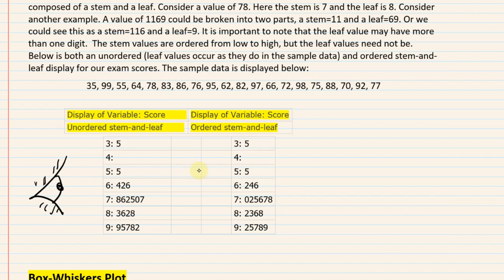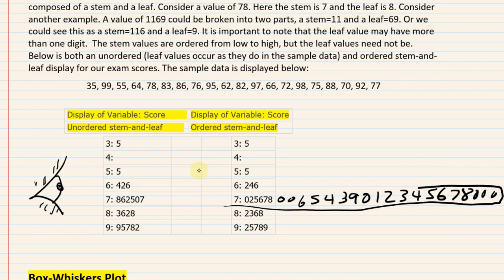Now, the other thing we have is, and again, this is in the video from last chapter, I indicated these. It is possible to break these into multiple rows per stem. So, for example, imagine if I have a line that has a lot of scores in it. I'm just making up a bunch of random numbers here: 9, 0, 1, 2, 3, 4, 5, 6, 7, 8, 0, 0. You see that? We don't like that in a stem and leaf. We don't want these numbers to drag on for as long as they do.